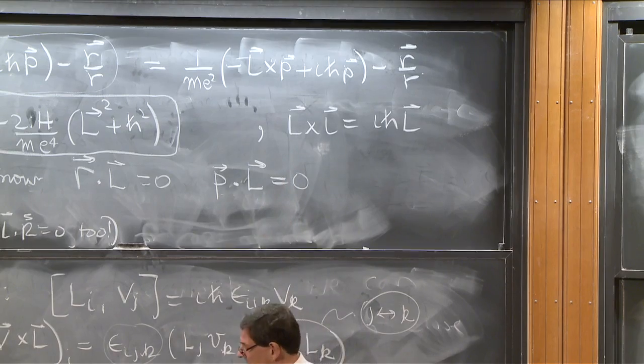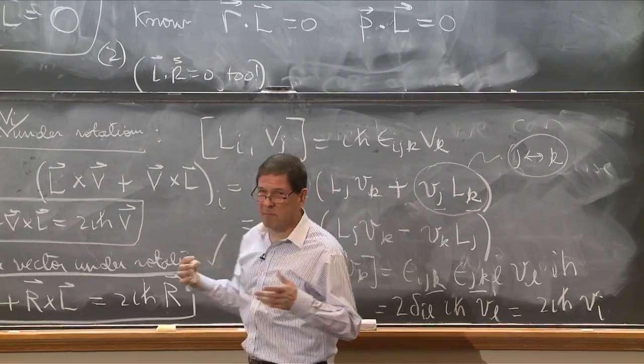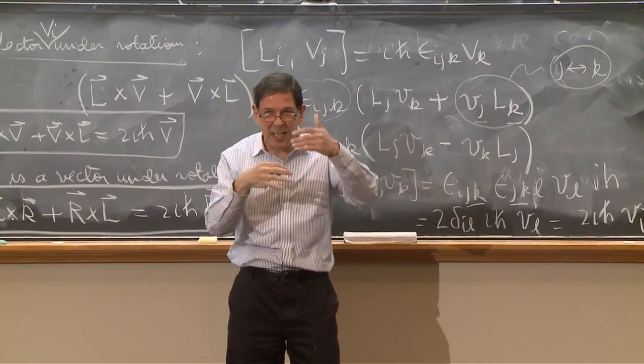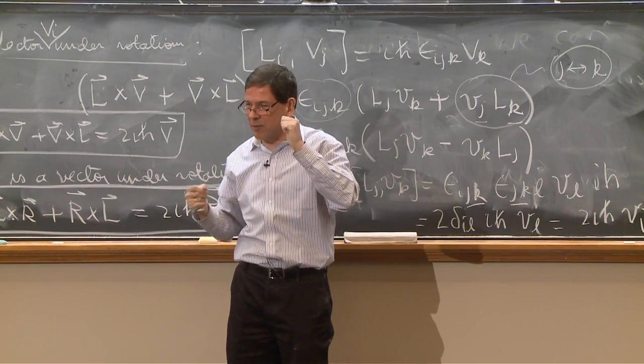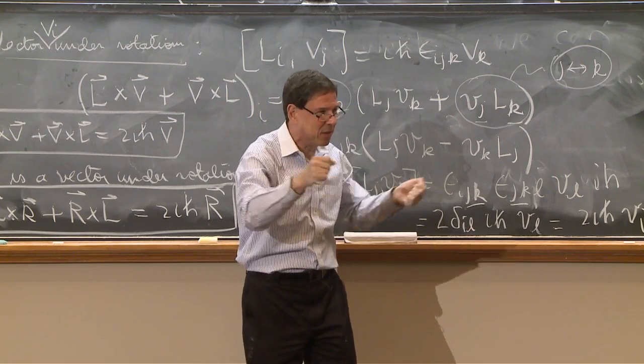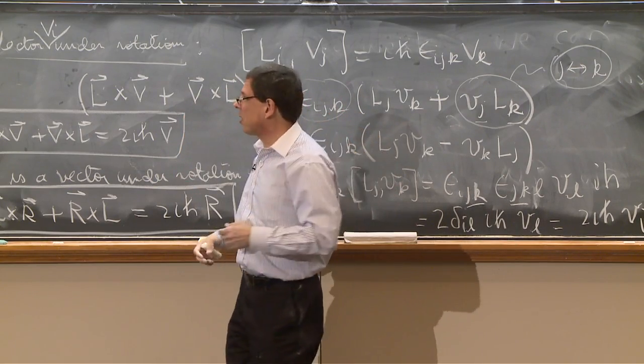This is the algebra of angular momentum. And this is kind of a non-trivial calculation. You did it by building results. You knew how R was a vector under rotation, how P was a vector under rotation. You multiply the two of them, and it was not so difficult.